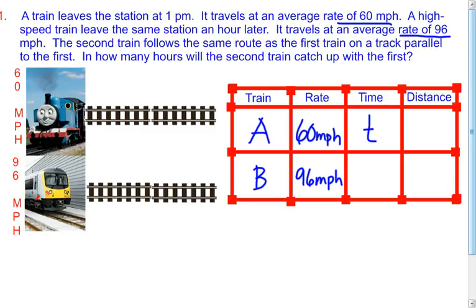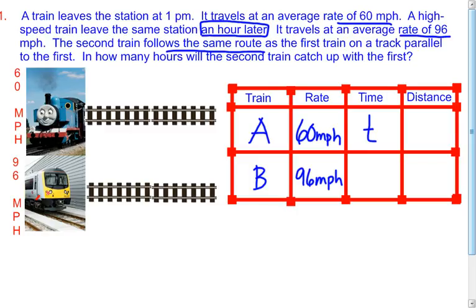Okay, but here's what you know. This is key. The second train follows the same route, but it left an hour later.